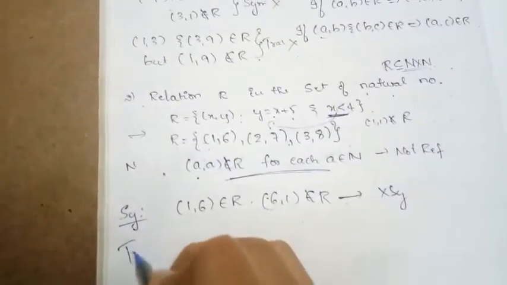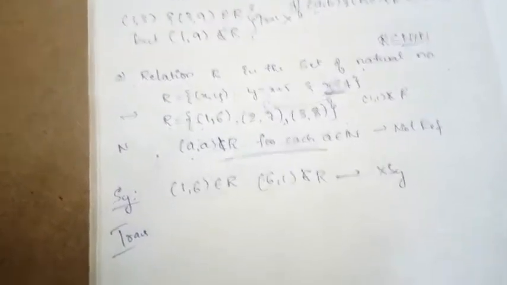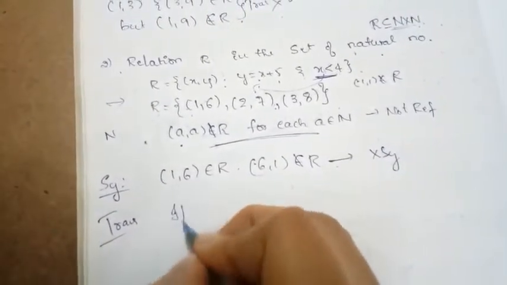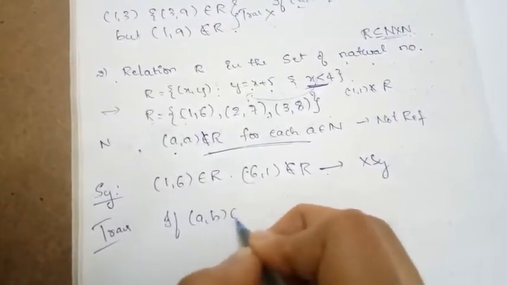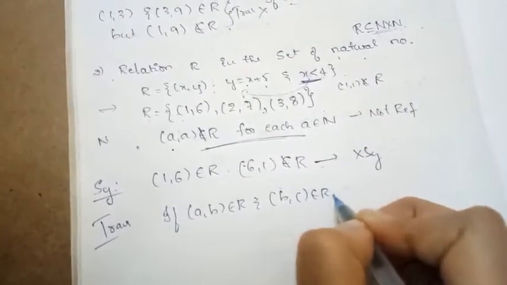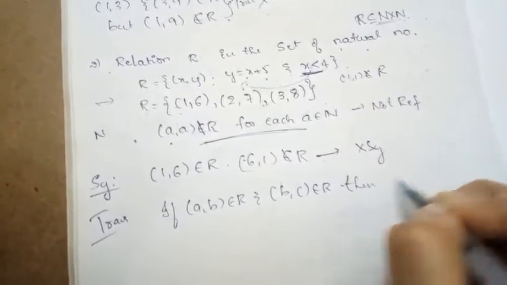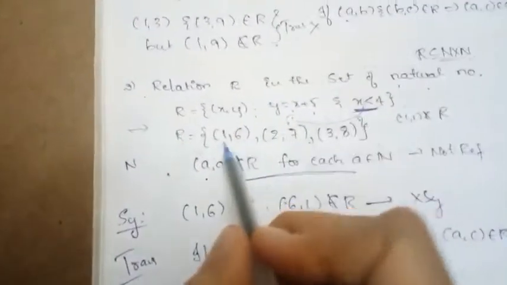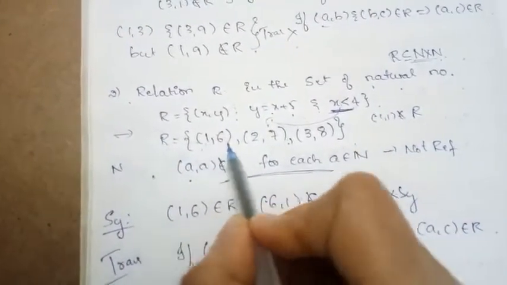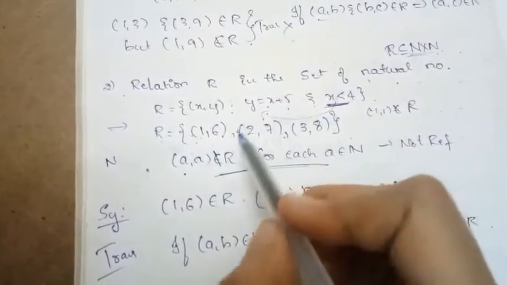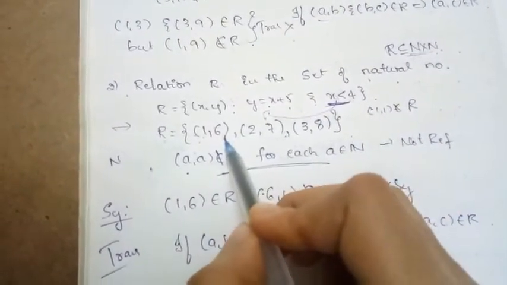Then, checking for transitivity. What does the definition of a transitive relation say? If (a, b) belongs to R and (b, c) belongs to R, then (a, c) belongs to R. But you can see here (1, 6) belongs to R, but there is no ordered pair such that the pre-image is 6.